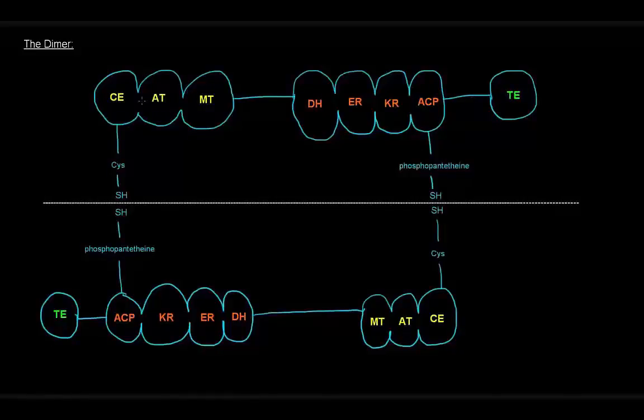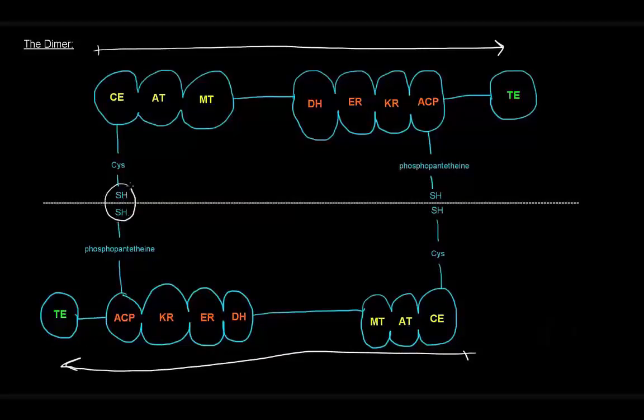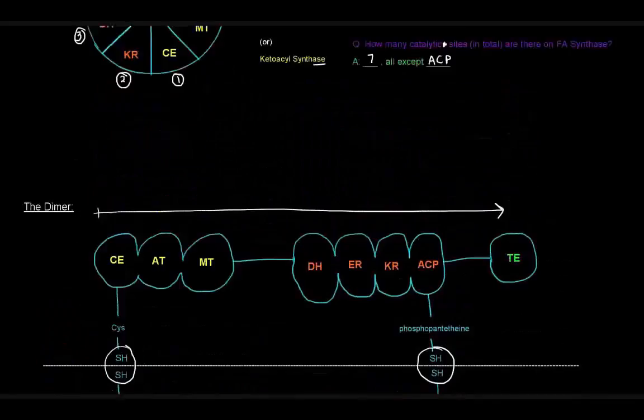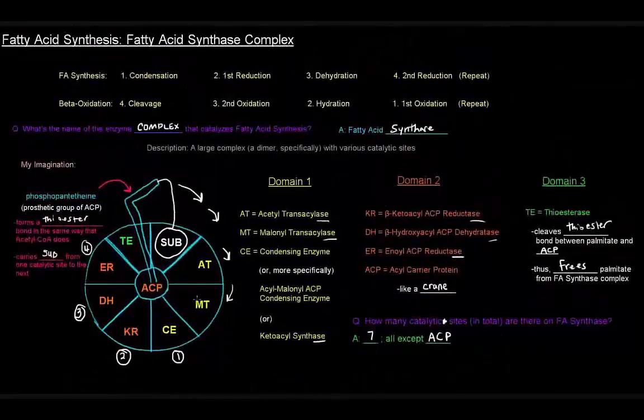We have this one going in this direction, and this one going the opposite direction, and they're connected here, possibly with disulfide bonds. To be honest, I don't really know too much about this and what's going on with it. I just use my imagination to understand the complex itself, which is a little bit easier for me, and I hope it's easier for you too.